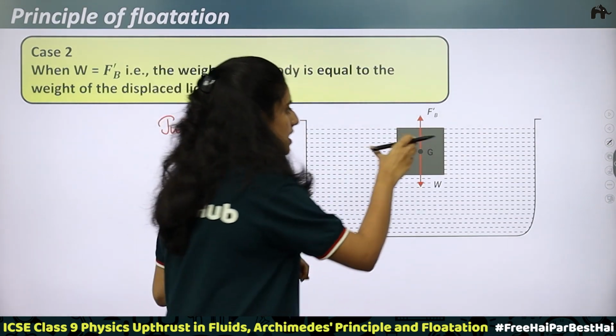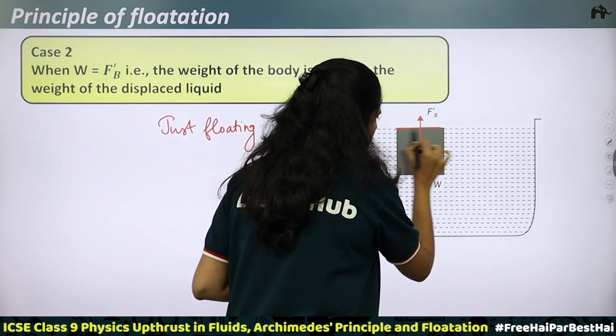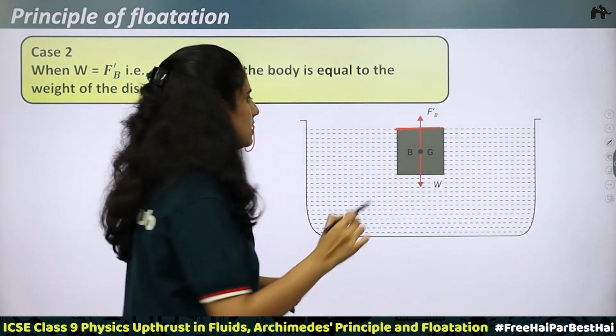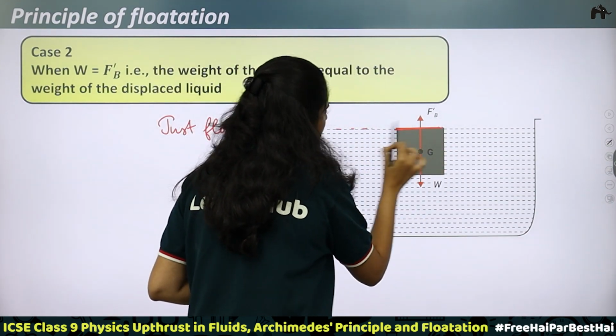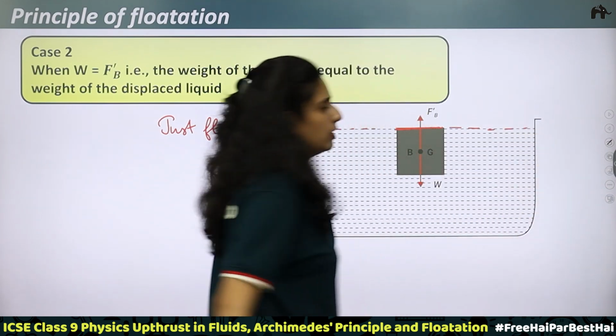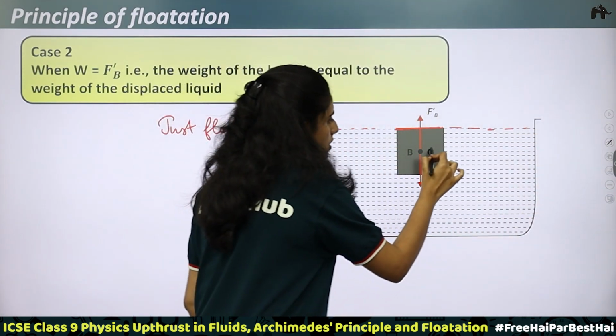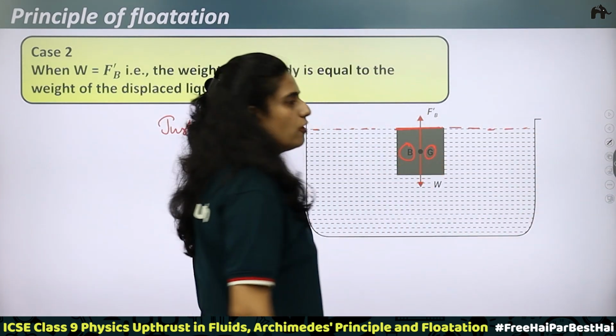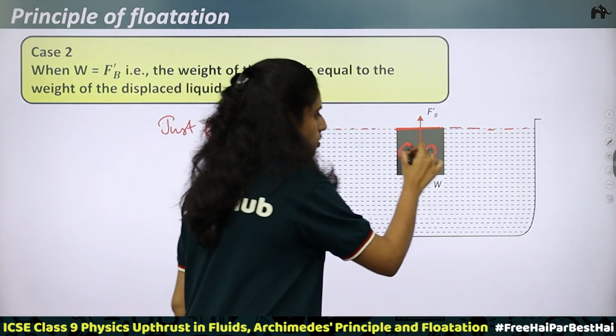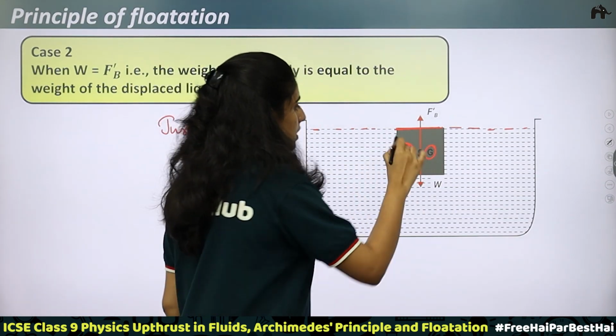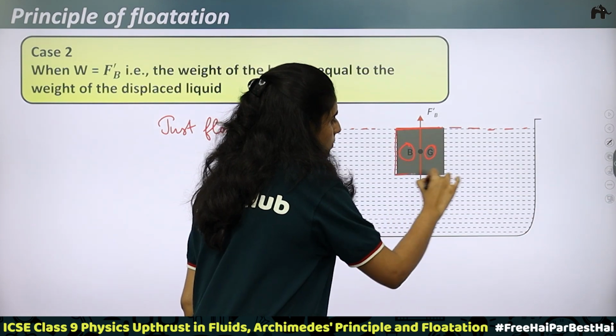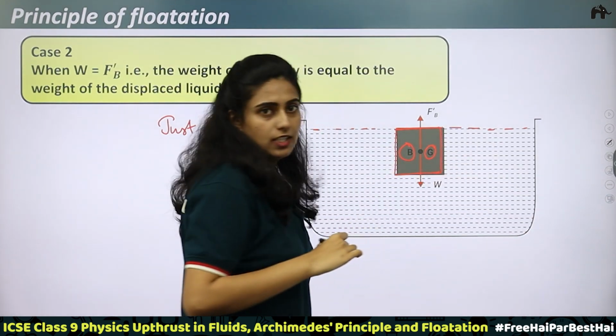It is just floating, that is, the upper surface of the body is coinciding with the free surface of the liquid. In this case also, the center of gravity and center of buoyancy will coincide, because the entire volume of the body is taken.